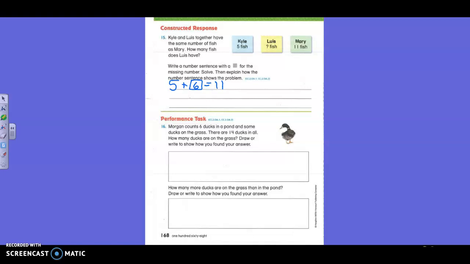Okay, so explain how the number sentence shows the problem.